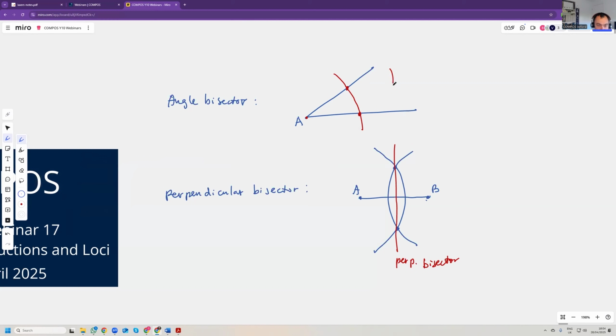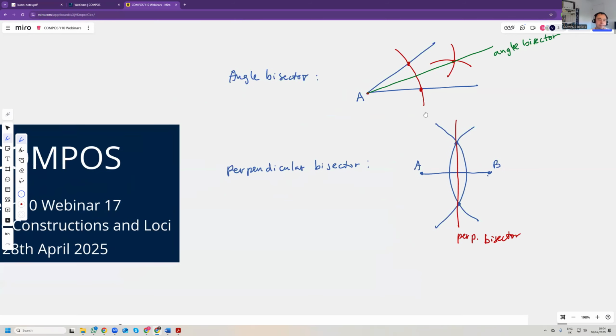So it goes like this, and like this. And the line joining these is your angle bisector. Okay, excellent.